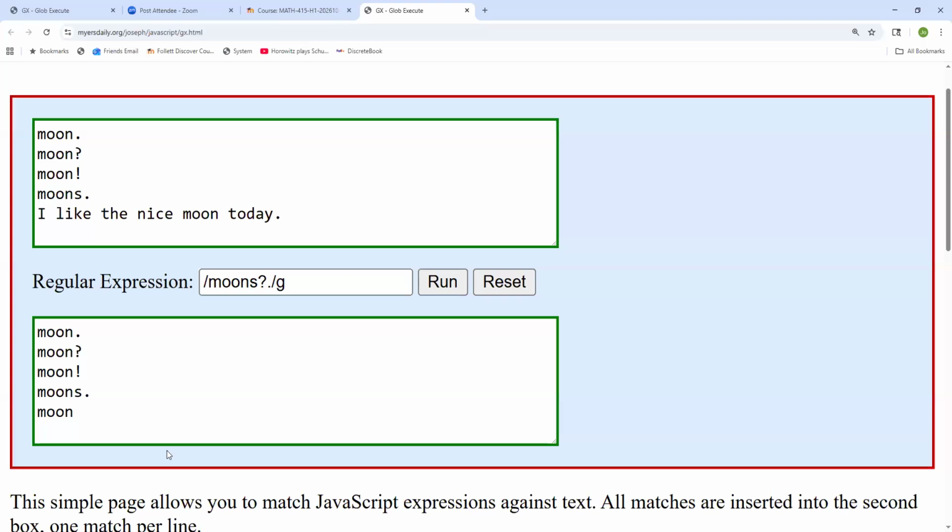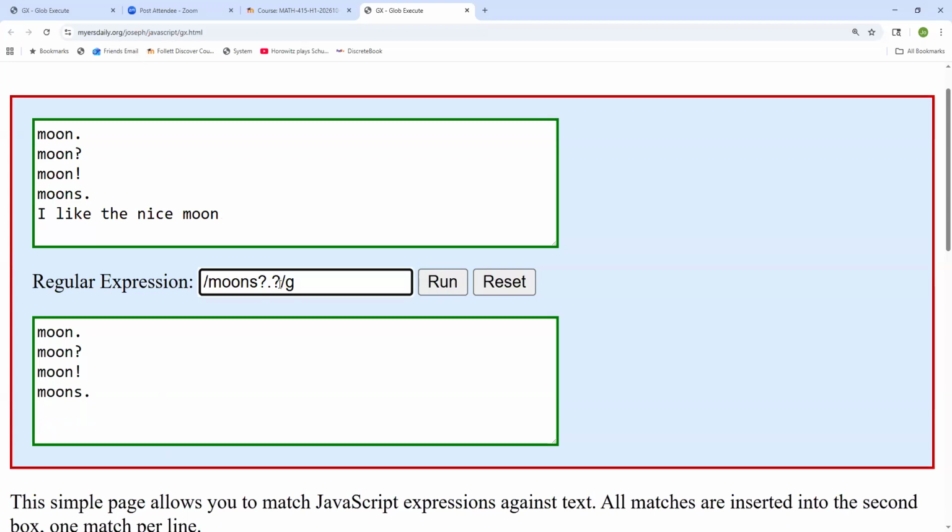Yeah, so actually it did because the period actually matches even a space. So notice that, look, if I put the cursor into that box, you can see there's a space after that word moon. So that actually matched the space after that. But if I didn't have anything after it though, then it wouldn't match it.